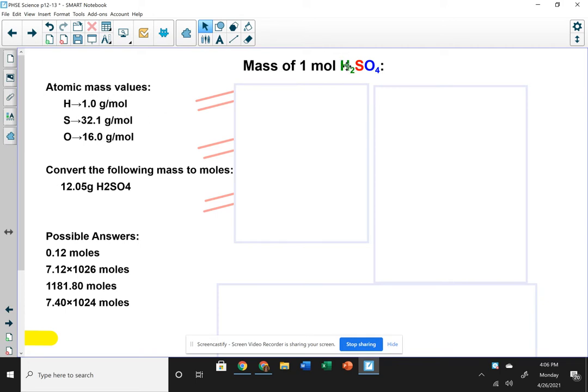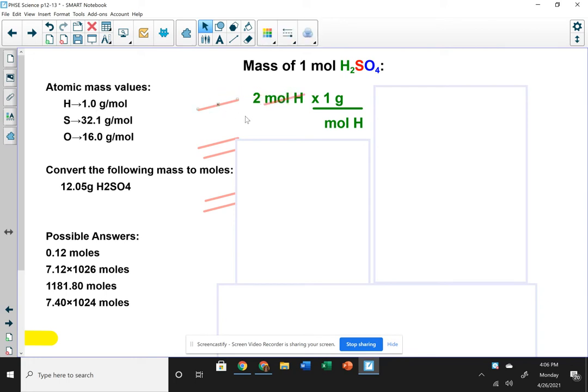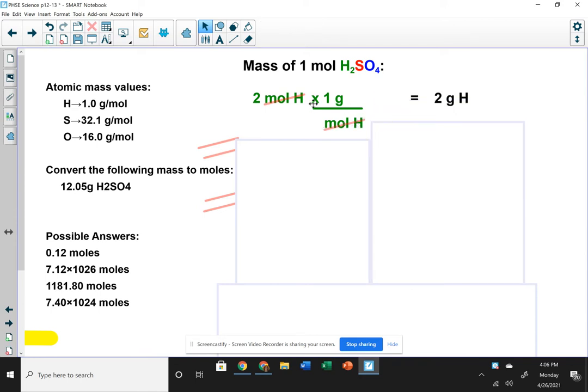For hydrogen, they tell you you have 2 hydrogens. So in a mole of sulfuric acid, you would have 2 moles of hydrogen, because you have 2 of those for every mole of the acid. So 2 moles times 1 gram per mole. If you multiply those, you can cancel the moles out and you end up with 2 grams of hydrogen.